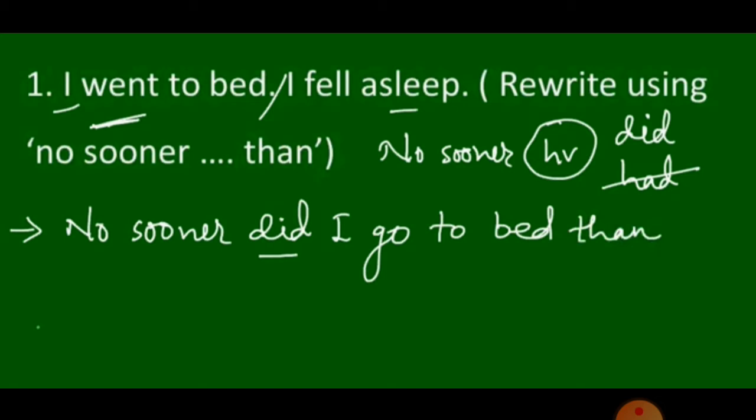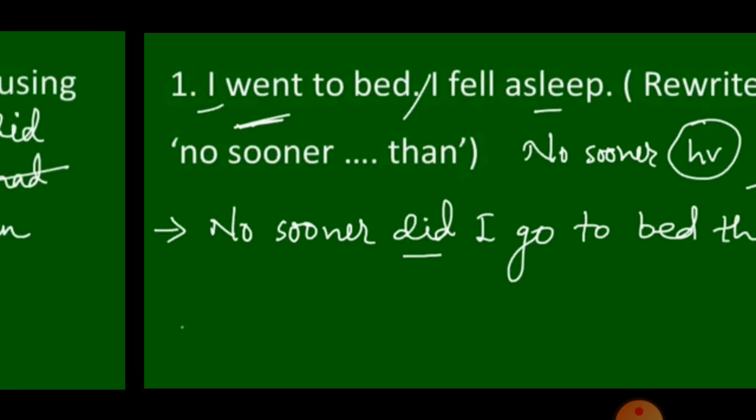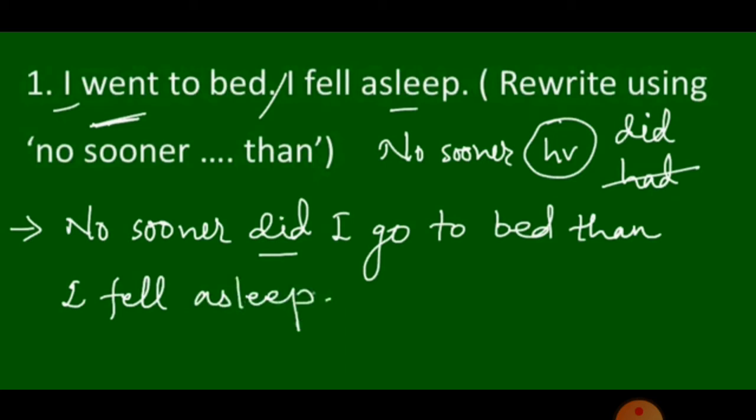We removed the full stop, and what did we place there? We placed THAN, then. Still the answer is incomplete. No sooner did I go to bed than I fell asleep. Mostly the remaining part of the sentence has to be put as it is. You need to concentrate on the beginning part of the sentence only. That is where you make mistakes, and due to that mistake the entire sentence will be considered wrong.